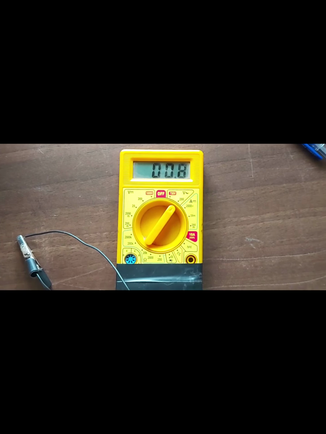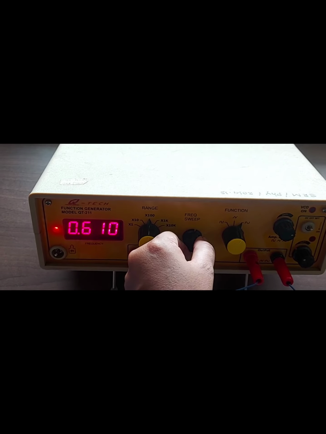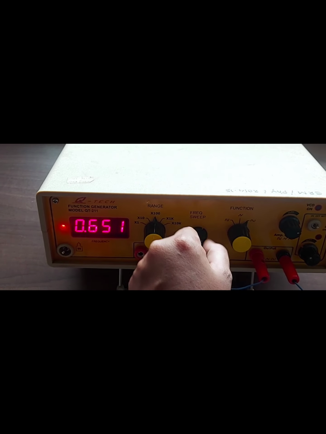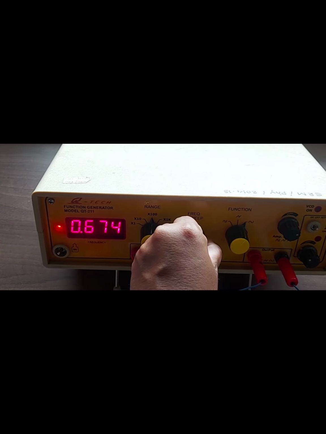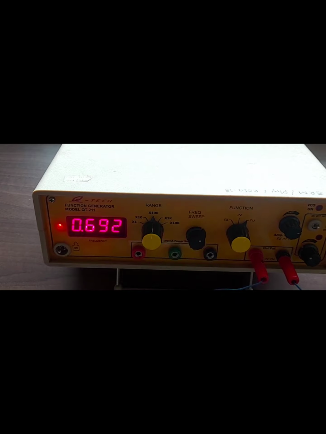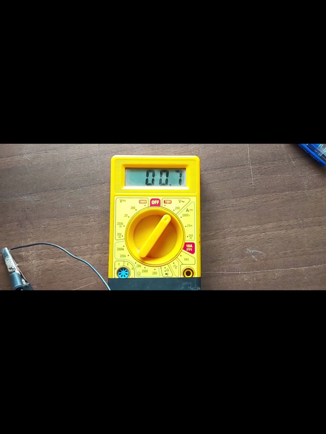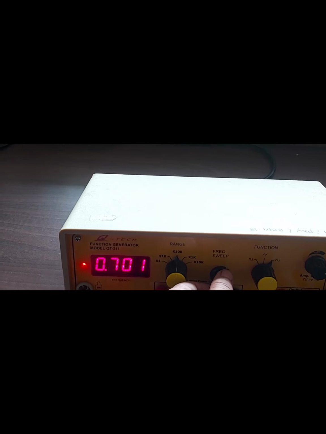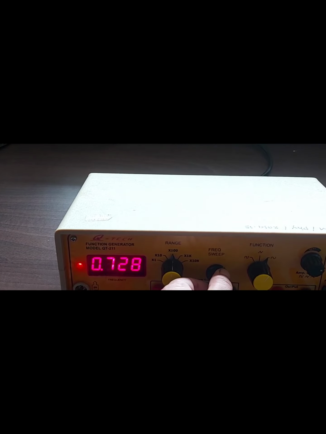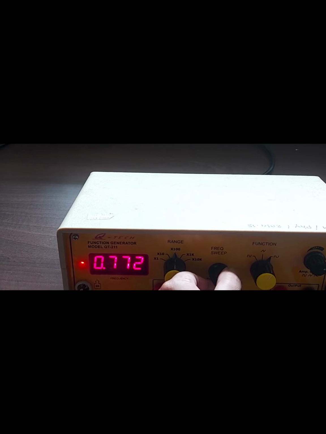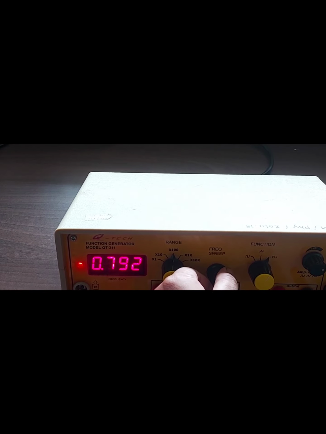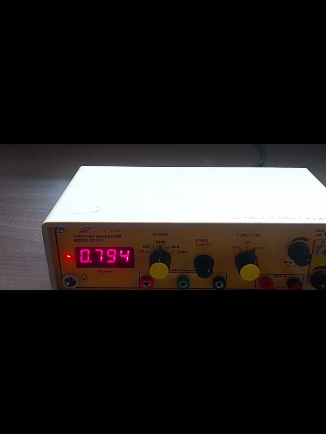For 600, 0.8 volt. For 700, 0.9 volt. For 800, 1 volt.